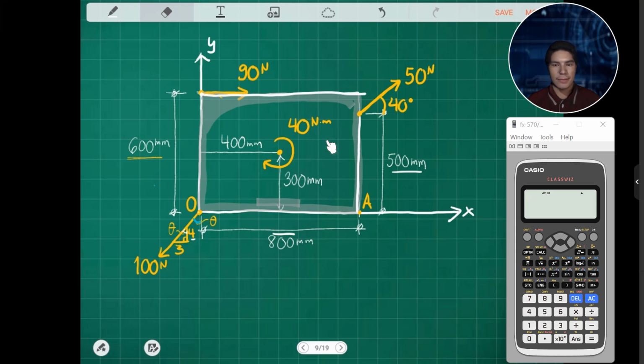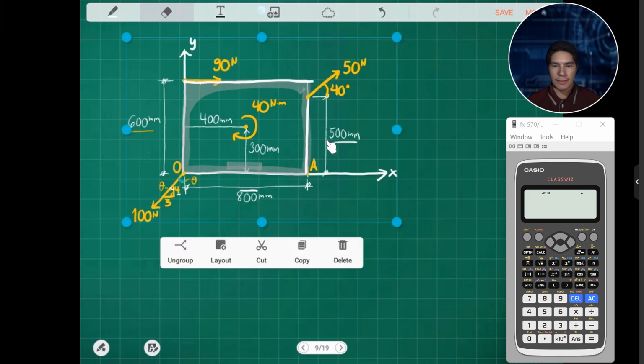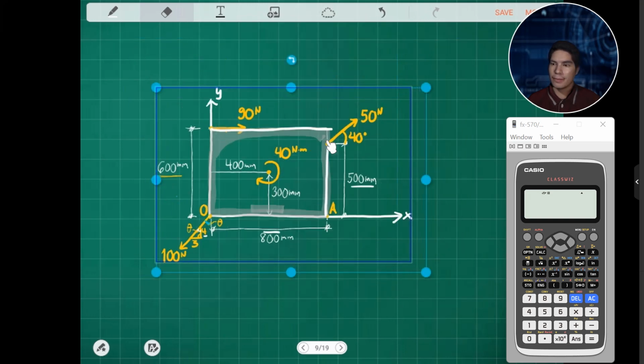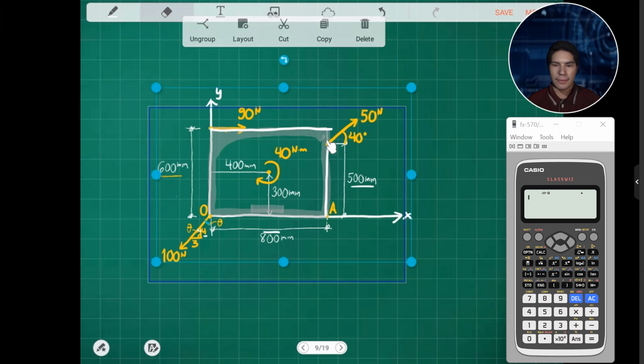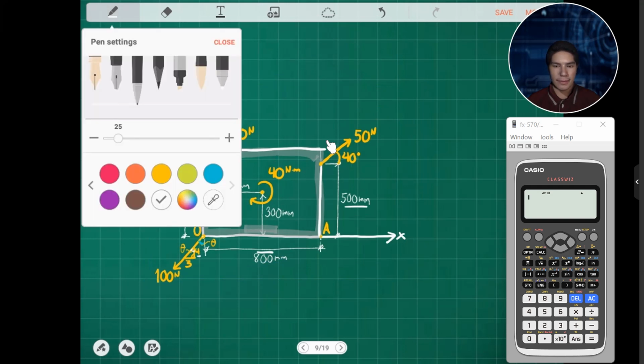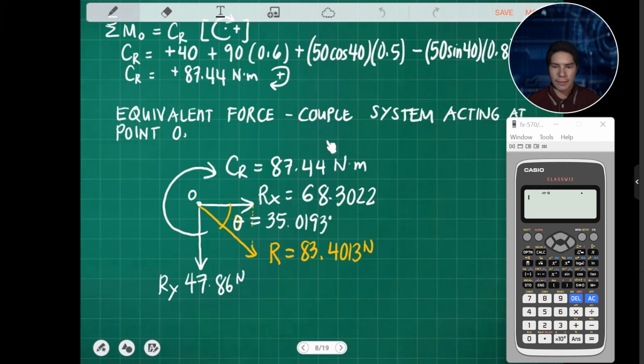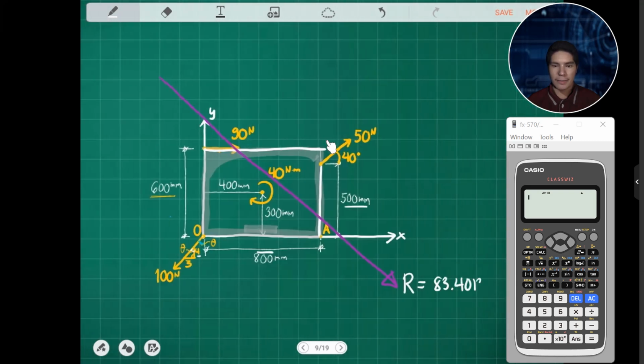So let me call this the resultant. This is the resultant force R, 83.4013 Newton.